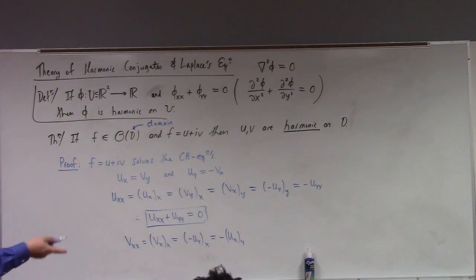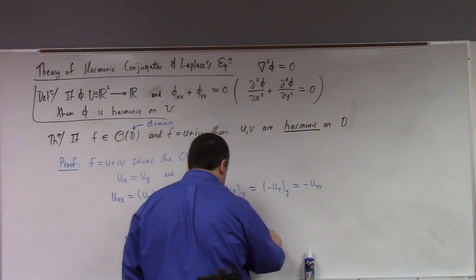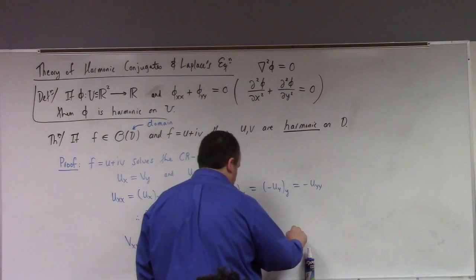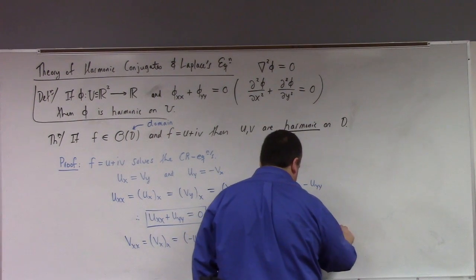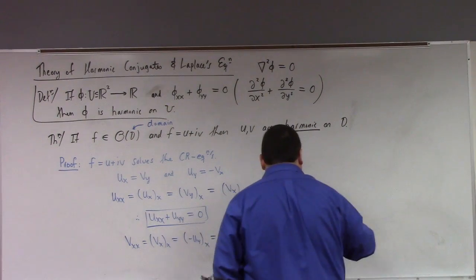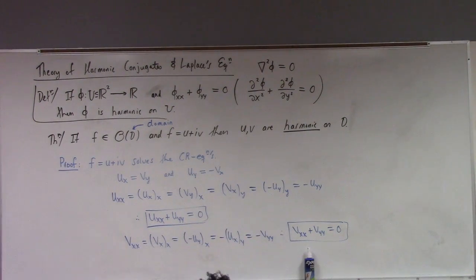And then I trade my ux for a vy. Therefore, vxx plus vyy is equal to 0. So if you're looking for solutions to Laplace's equation, in other words, harmonic functions, look no further than the real and imaginary components of a complex differentiable function.